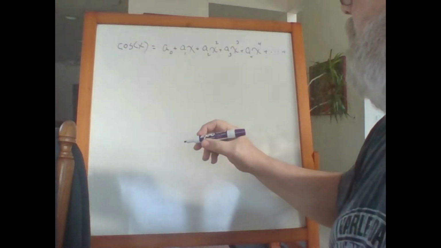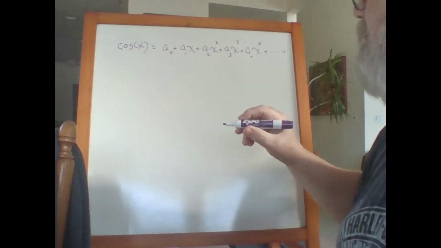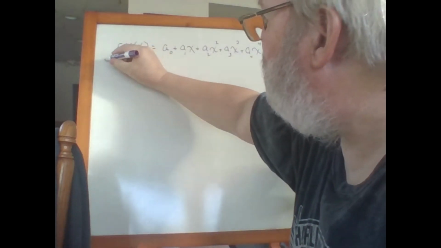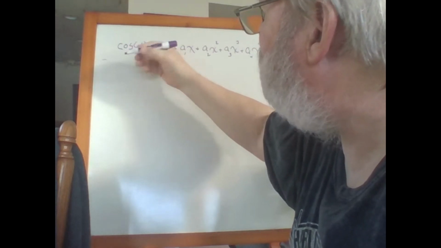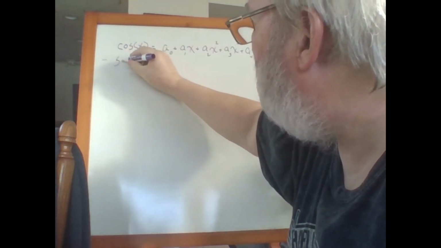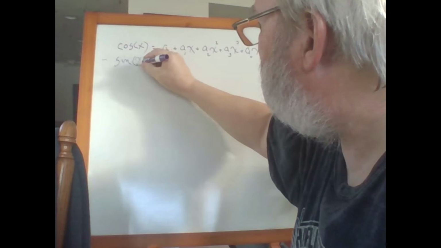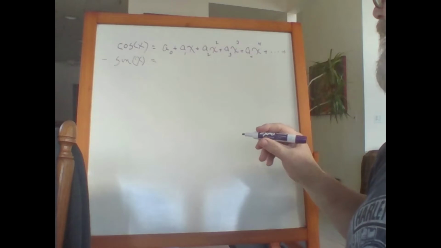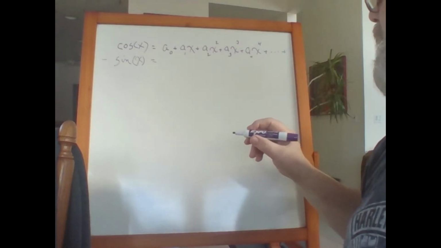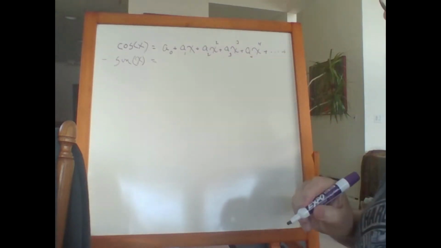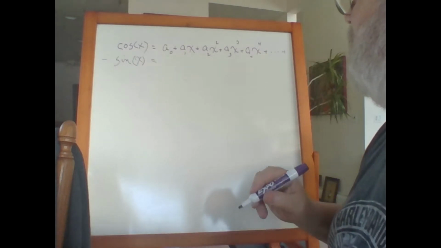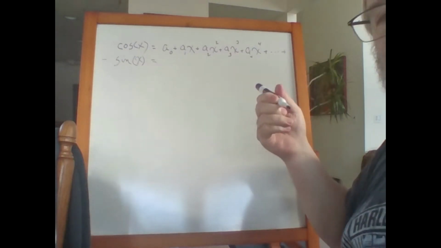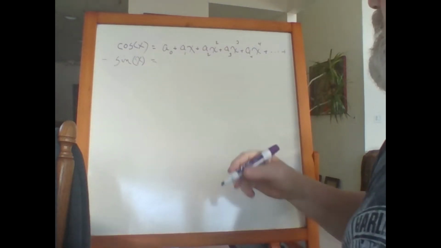So the cosine of x, the derivative of that, as we've seen in past videos, is minus sine x. And now the derivative of a constant, a naught, these are subscripts identifying the different coefficients. And that's basically what the problem is, solving for the coefficients.